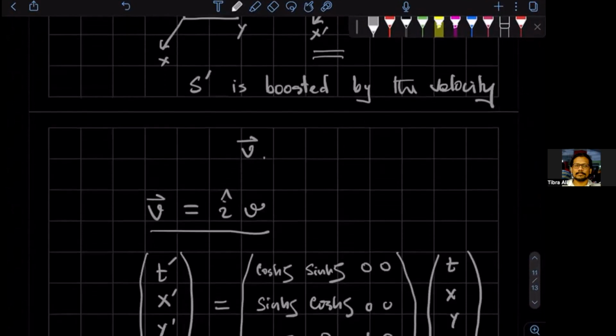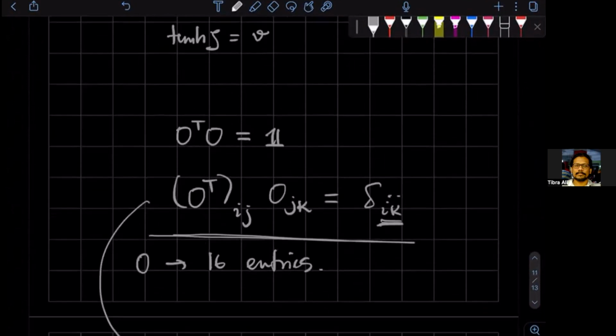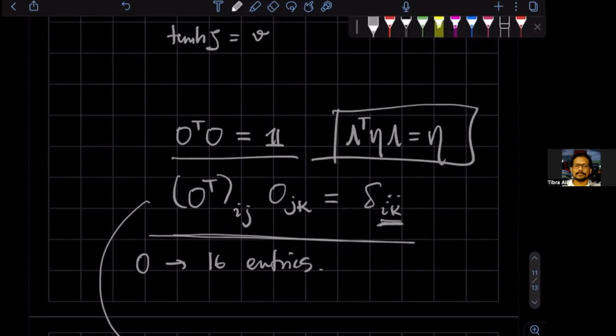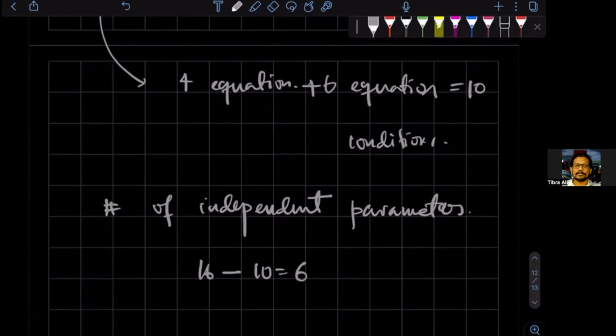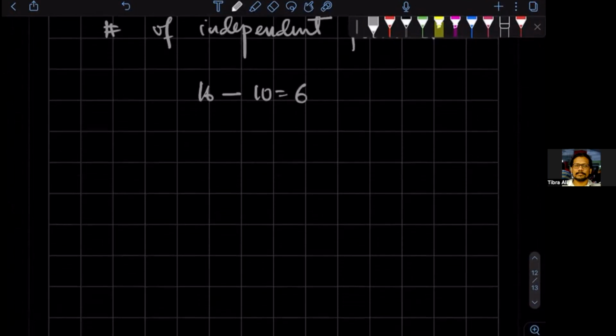In the case of SO(1,3), this equation just changes by this equation, which has the same number of components. Okay, now here, is that clear?